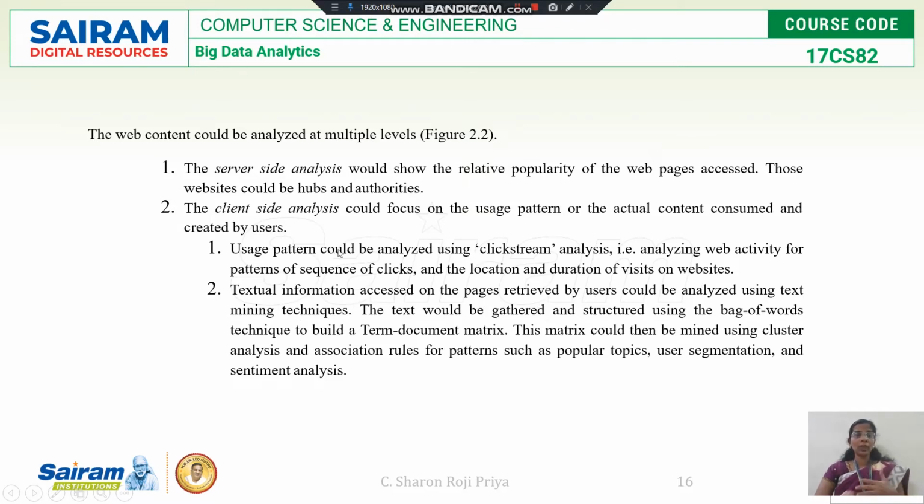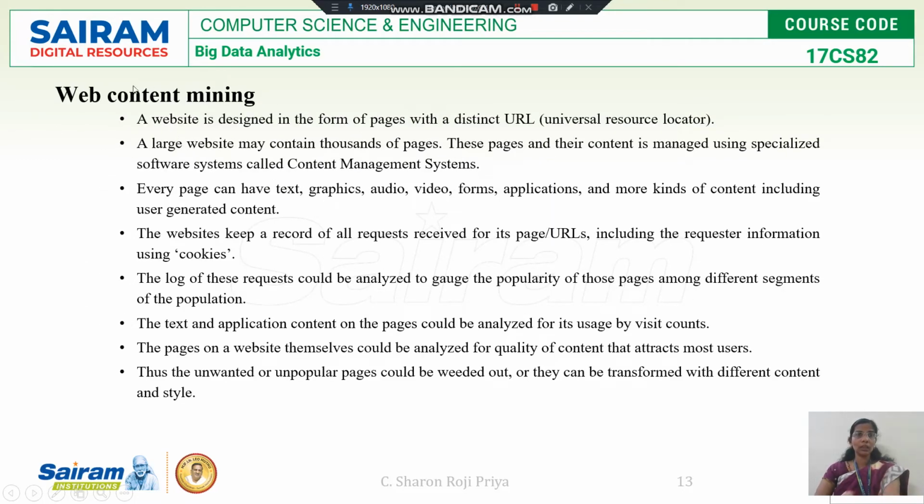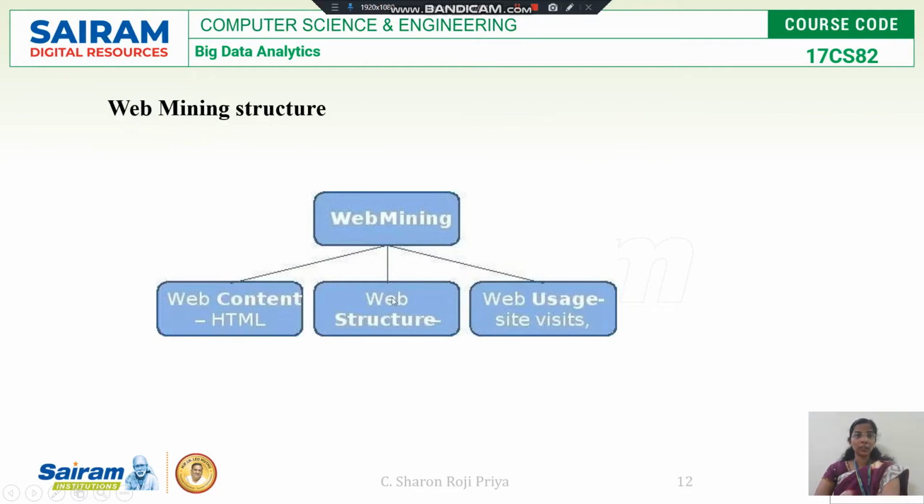So in web mining, we have three parts: web content mining, web structure mining, and web usage mining. Under web content mining, what we have learned is that when a page is visited, the request to the page will be recorded in the log, and this log record will be analyzed to find the number of visits to a particular website.